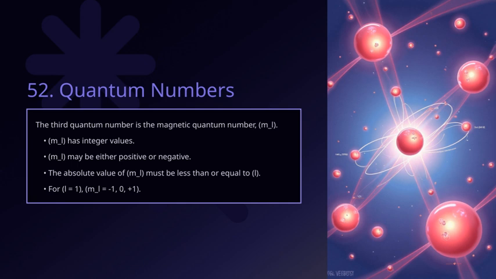And finally, note that ML has to be an integer value, which means no fractions or decimals. These points are crucial because they help define the possible orientations of an electron's orbital in space, linking directly to how atoms behave in magnetic fields.